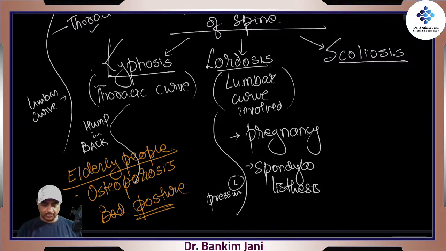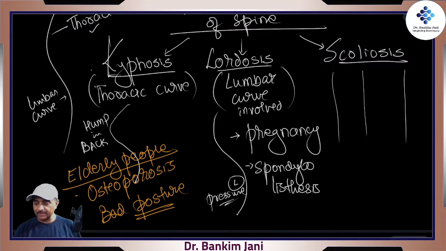This is the area where there is so much pressure. So any wrong pressure can lead to this lordosis. And the scoliosis, in both these cases you are watching from the side. In scoliosis, if this is the body, this is the vertebra, that's normal.